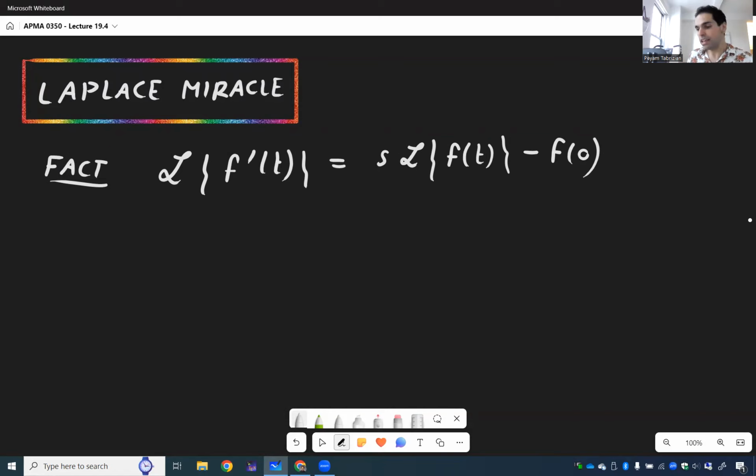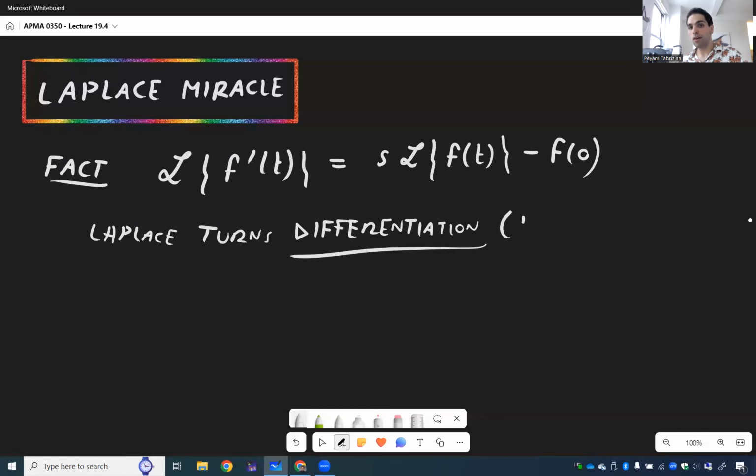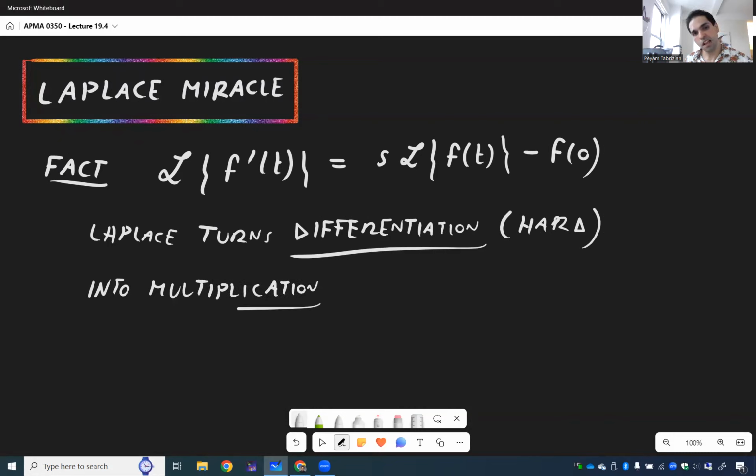It tells you that the Laplace transform turns differentiation, which in practice is very hard, into multiplication, because we're just multiplying L of f by s. Easy.